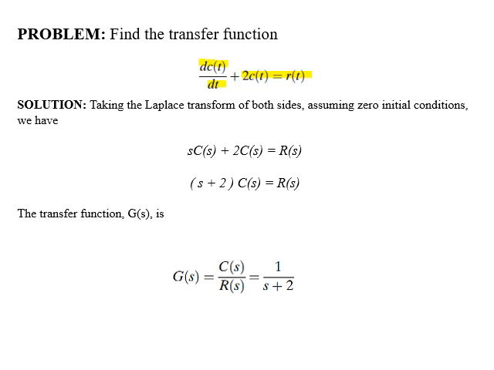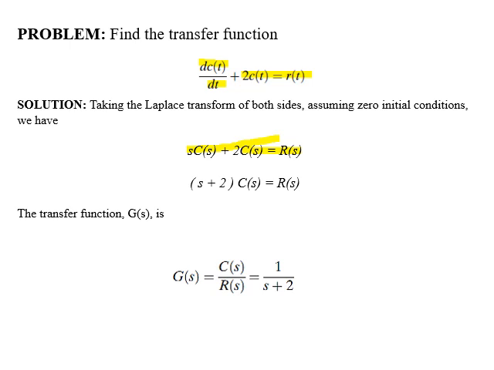Now this equation is a simple algebraic equation where we can take the variable common. You can take C of s common from the terms involving sC of s and 2C of s. With this you will come up to s plus 2 whole multiplied by C of s, equal to R of s.